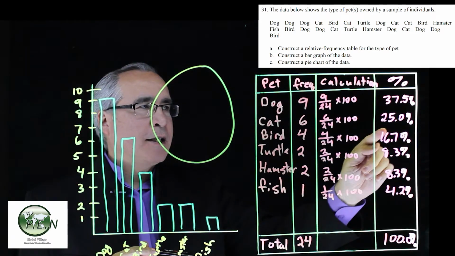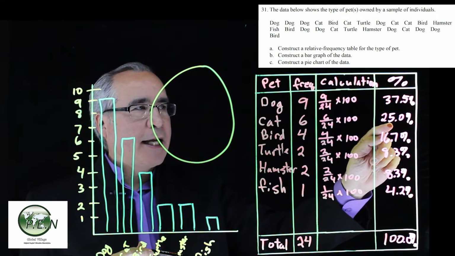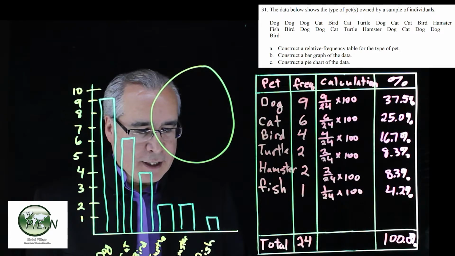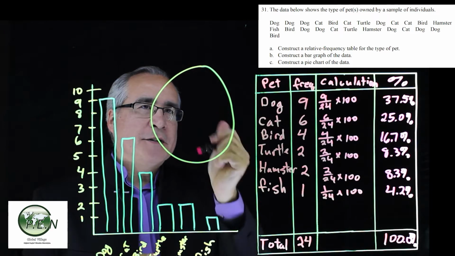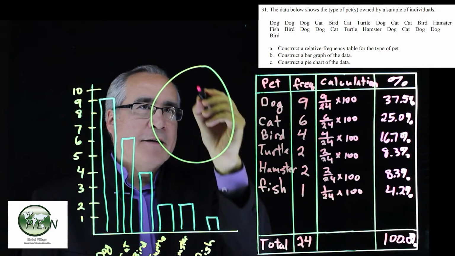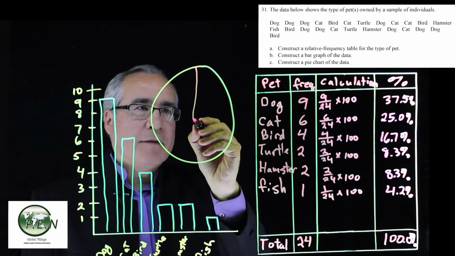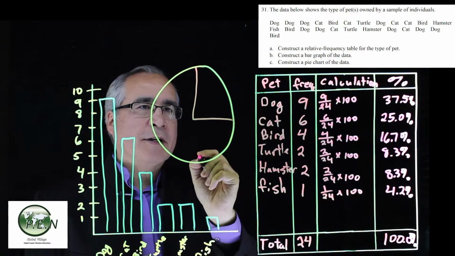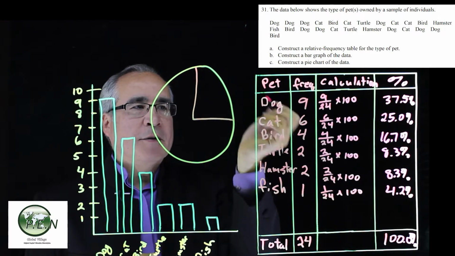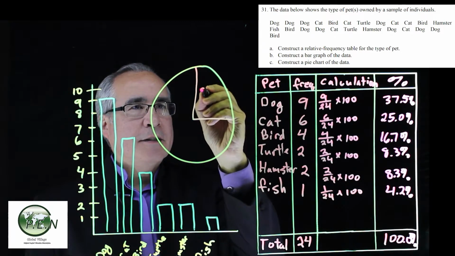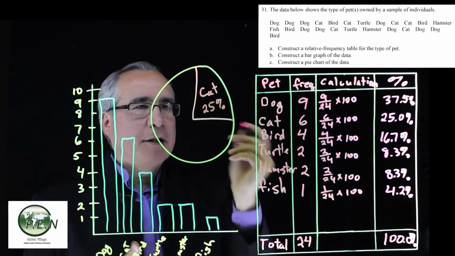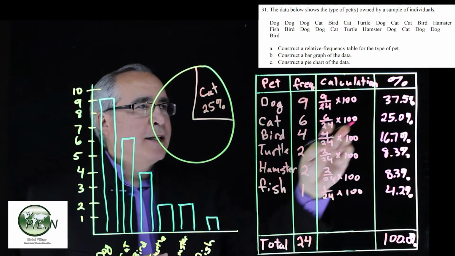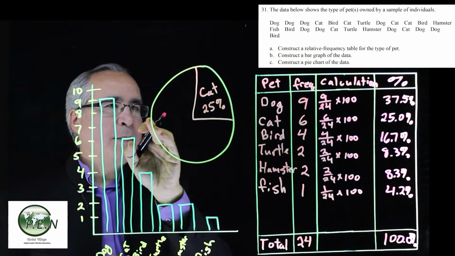The one that I pick out that's probably the easiest to draw is the cat, because it's at 25%. So I'm going to come here, 1/4 of a circle, so I'm thinking half and half. If I take a chunk like this, that is 25%. So I'm going to put the cat here, cats, and that's 25%. I label it so we can see it. Now the next one, 37.5, is going to be more than 1/4.